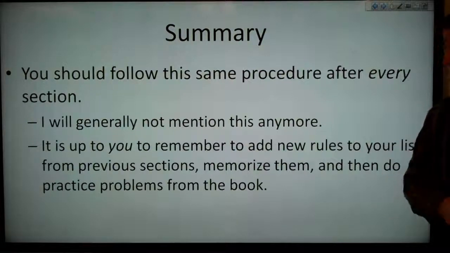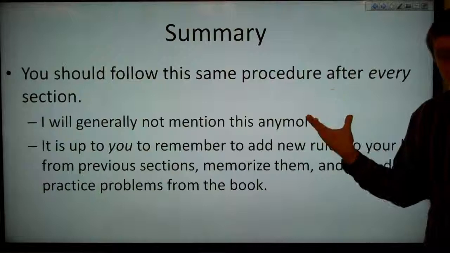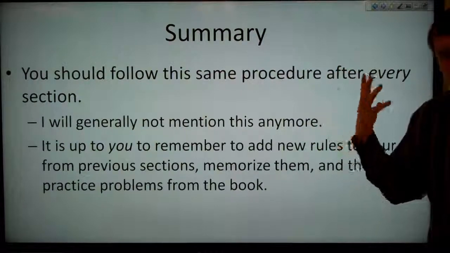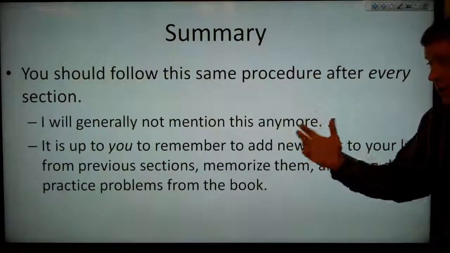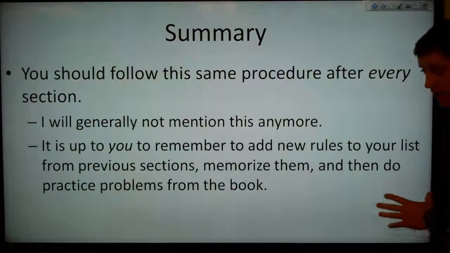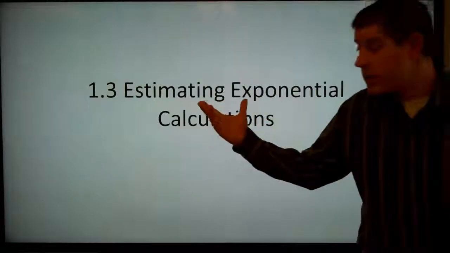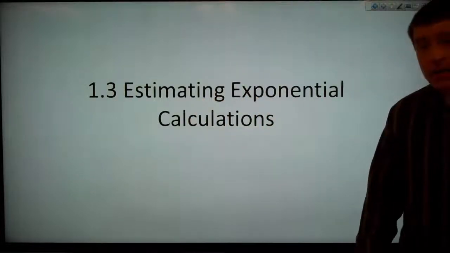For every section, you need to do this procedure. Generally, I'm not going to mention this anymore, this summarizing, because it's going to be the same for every single section. It's up to you to remember to add new rules to your list from previous sections, memorize them, and then do the practice problems from the book. So that was estimating exponential calculations.